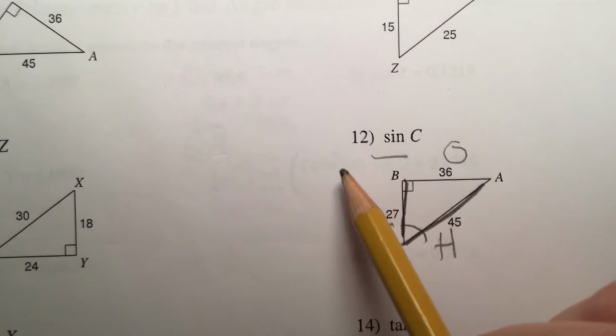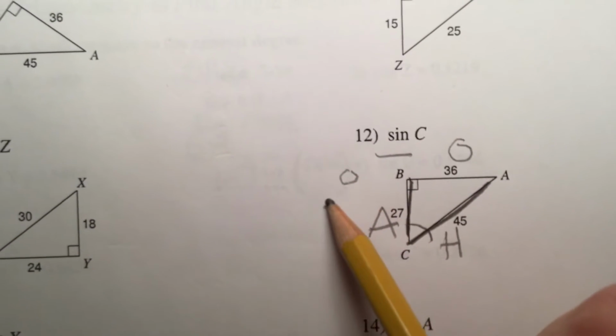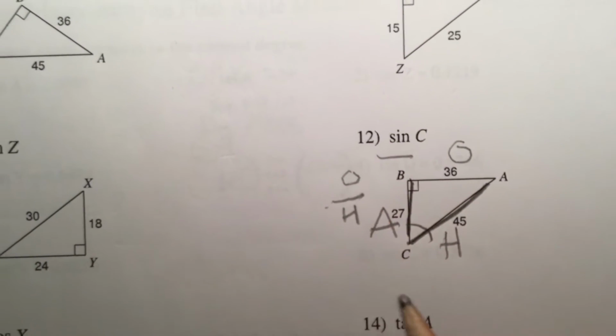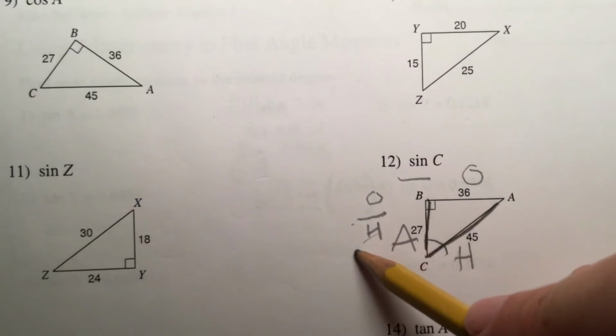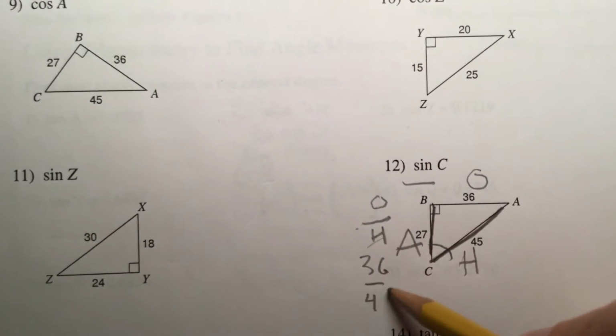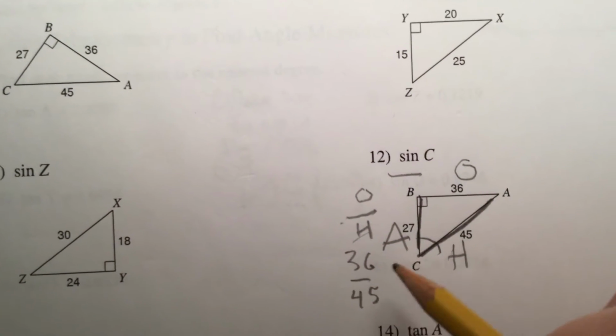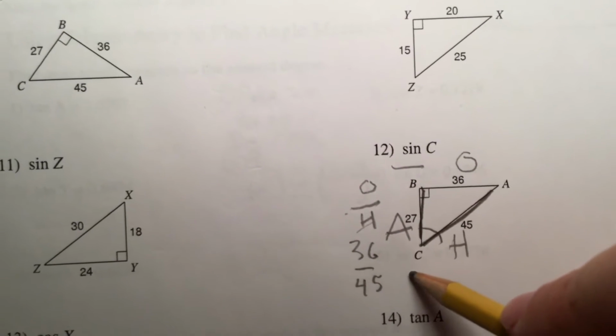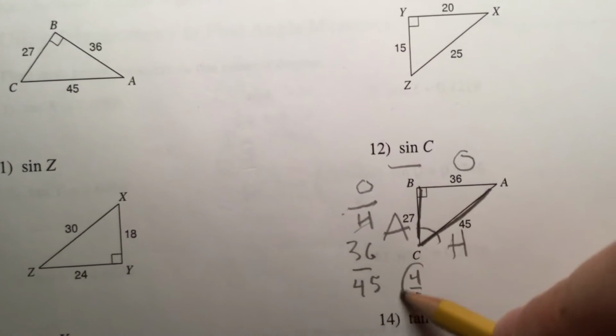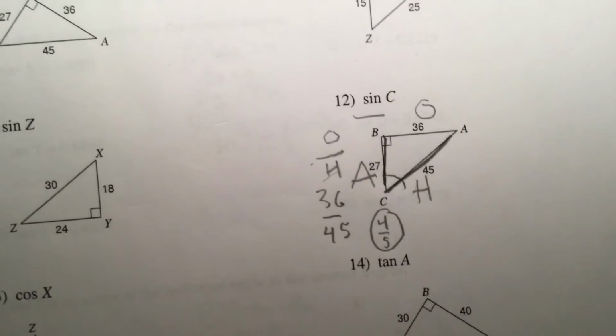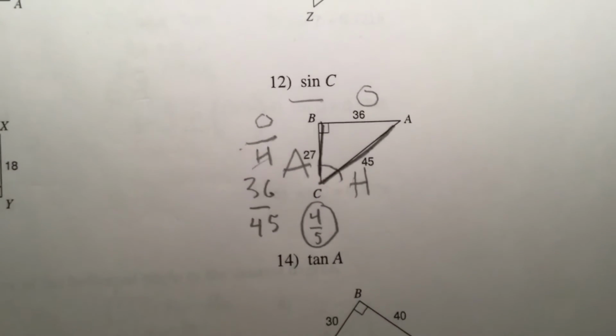The sine in SOHCAHTOA is O divided by H, which would be 36 divided by 45. The GCF of that is 9, so when I divide by 9, I get 4 over 5. You should write the answer as a fraction and not as a decimal.